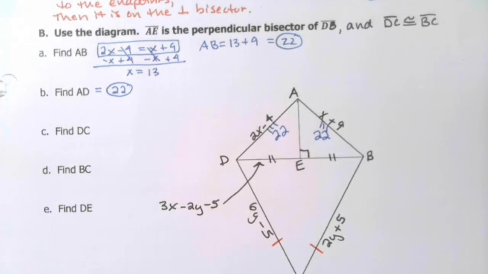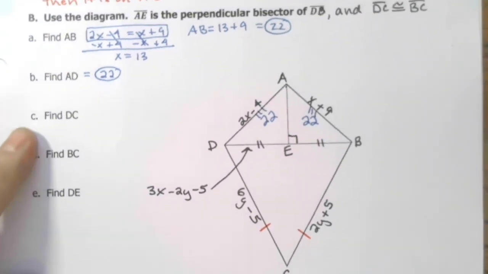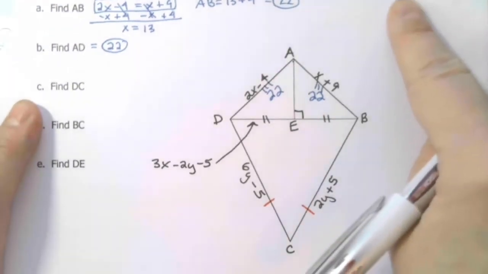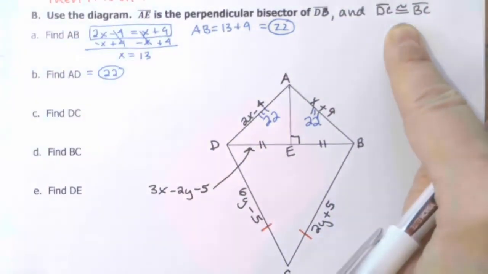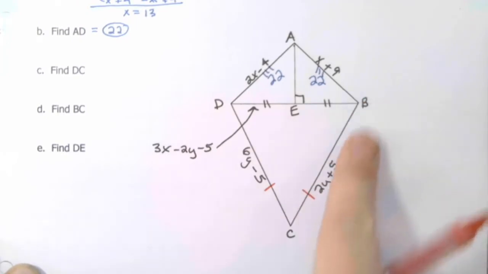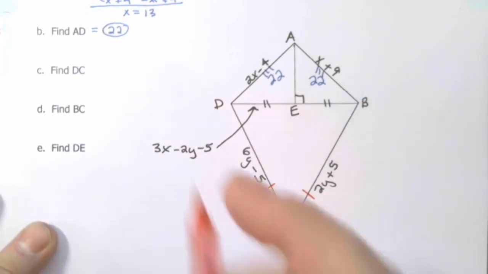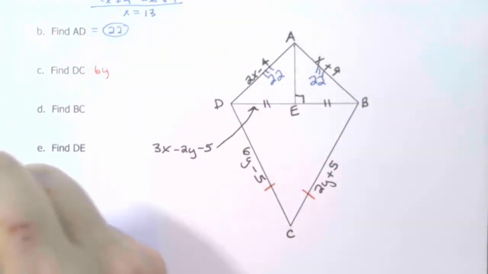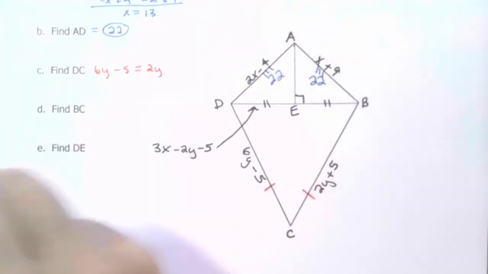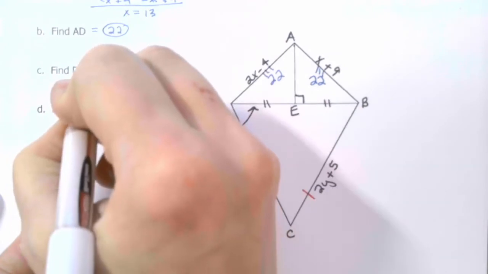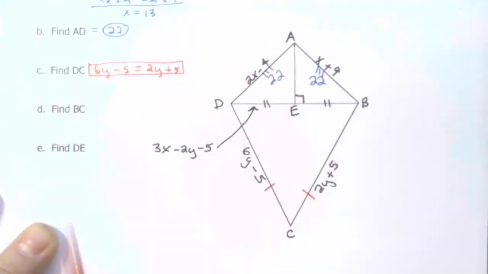Okay, find DC. Okay, so in the drawing, they've told us that DC and BC are the same. So we can take this quantity and this one and set them equal to each other. So 6y minus 5 we can set equal to 2y plus 5. There's our equation.